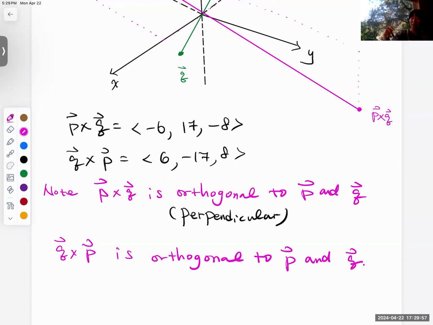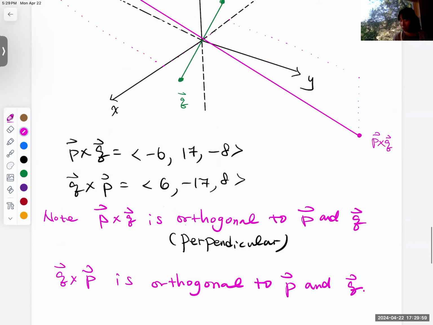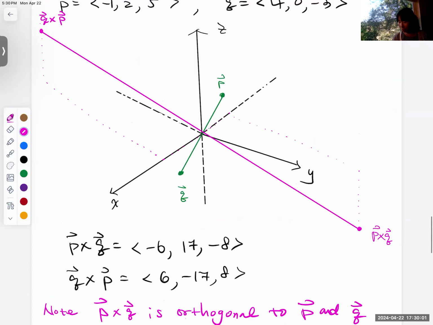Okay, let's check it out. Can you see that? Cross product of P and Q is orthogonal to P and Q, yeah? Make sense?